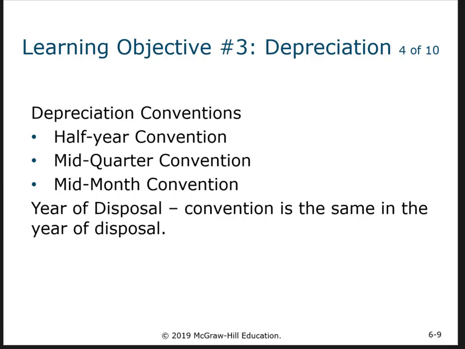Half-year assumes everything is bought halfway through the year, already built into the tables. Mid-quarter, you have to look at the extra tables, only involved if you buy too many assets in the last quarter of the year, more than 40% of the total, and mid-month for all real estate assets.